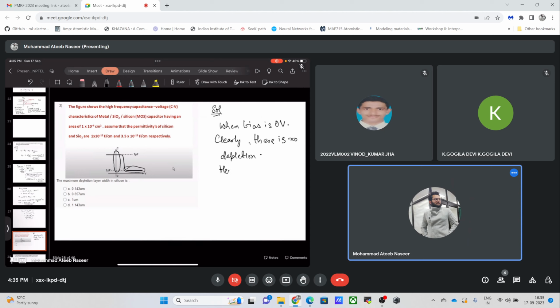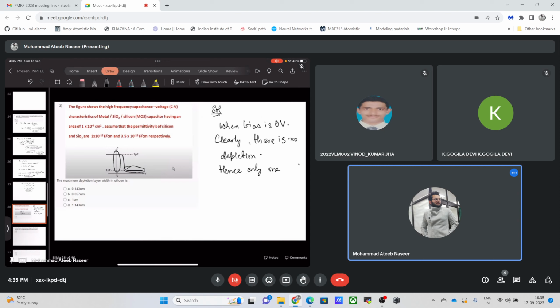Hence we will be having only one capacitance, which is the oxide capacitance. This oxide capacitance is simply equal to 7 picofarad.